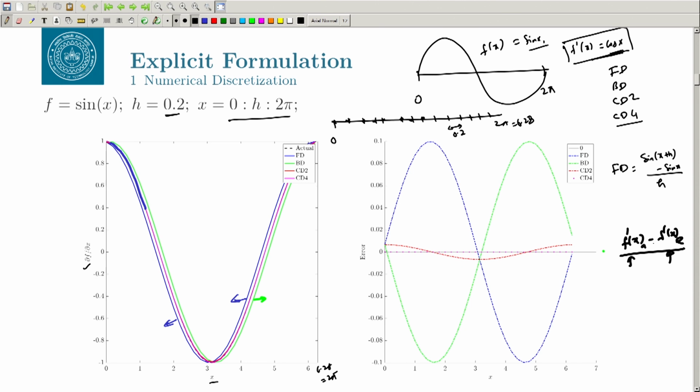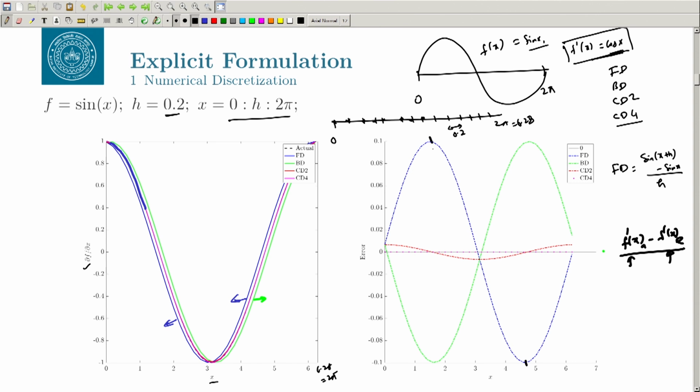If you see the blue line, that is your forward differentiating scheme. You can see that the error is quite big, and it becomes maximum around pi by 2, and then at 3 pi by 2 you have the error very high.